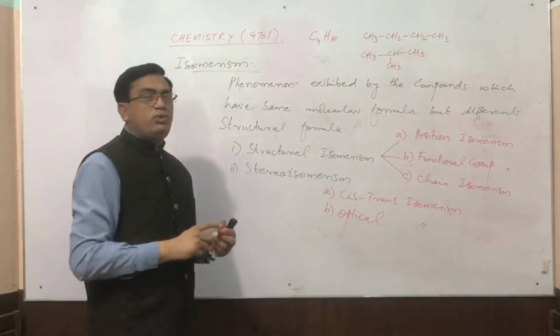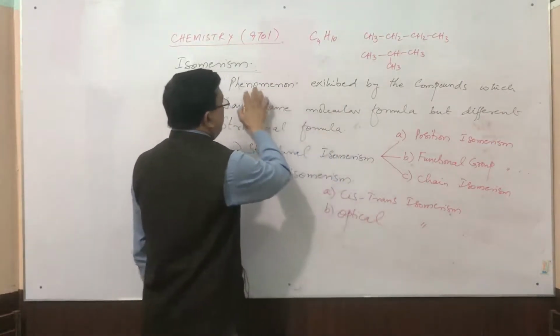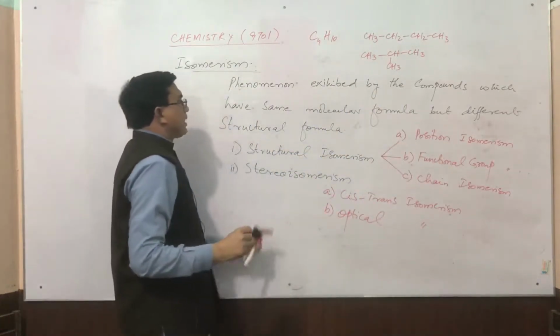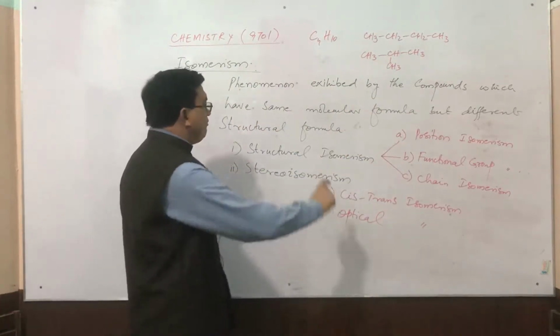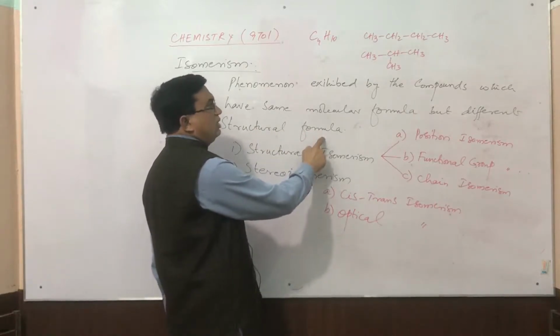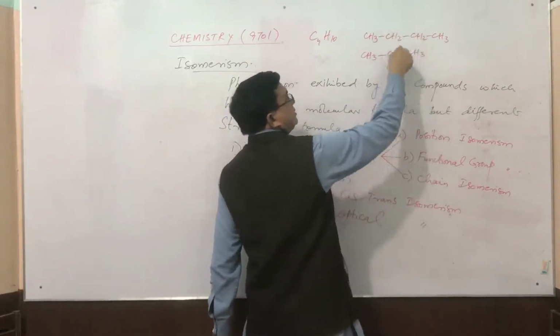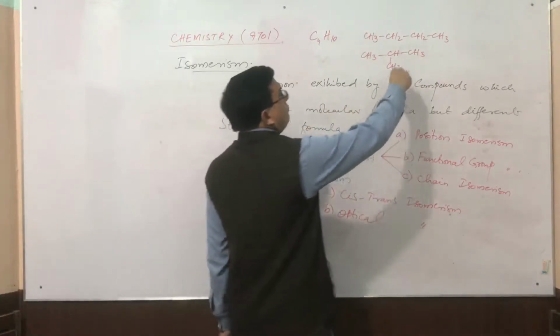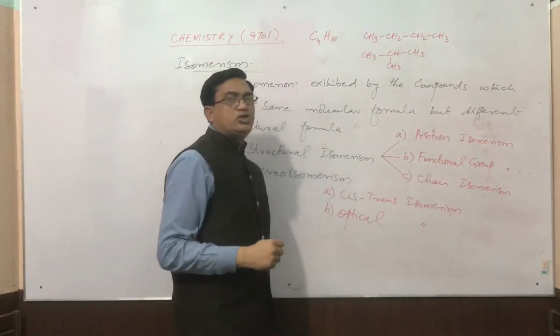That is isobutane. In this manner, compounds which have the same molecular formula but different structural formula, as both of these do, exhibit a property called isomerism.